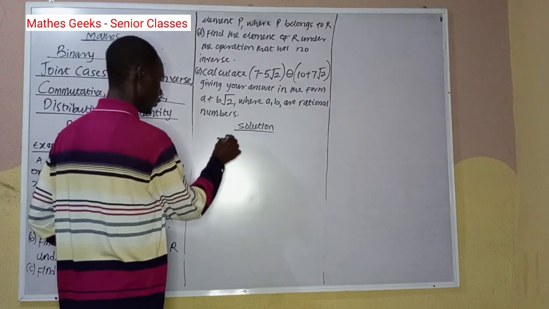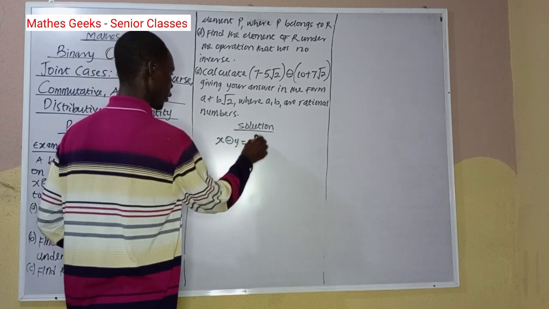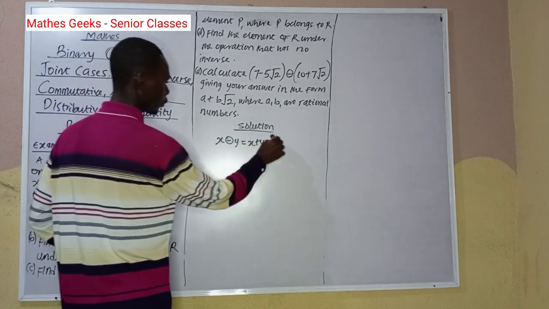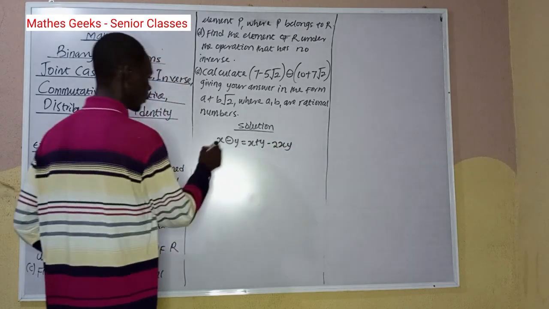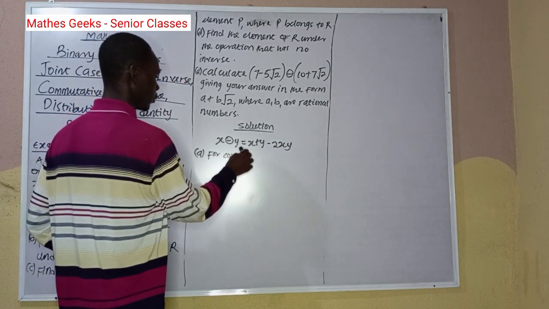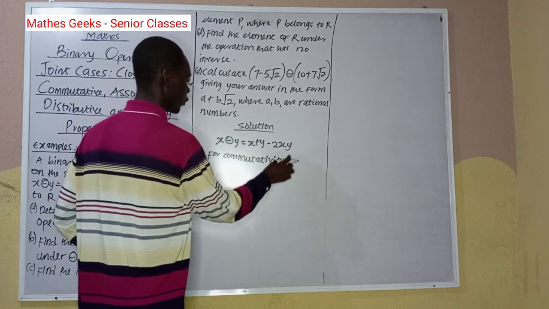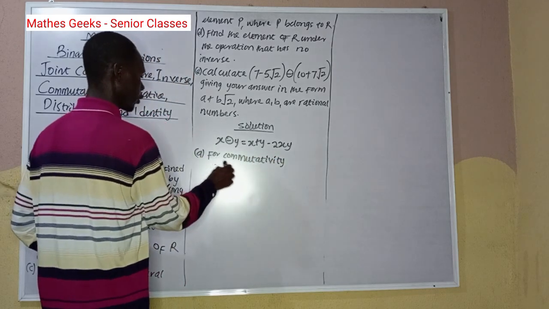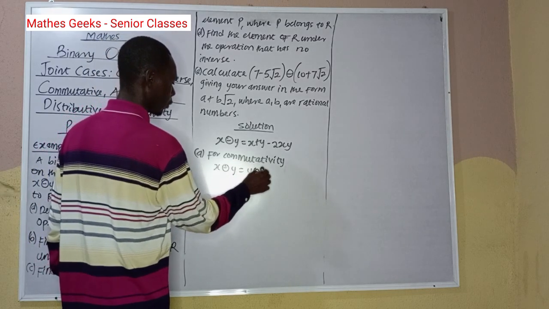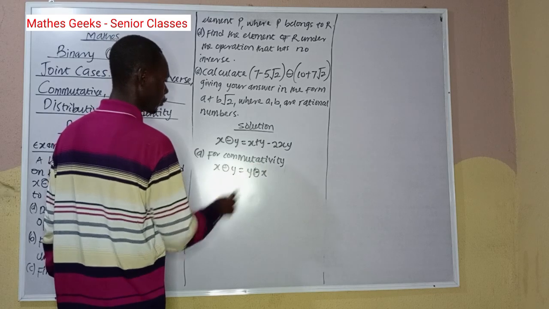The rule of combination is x * y = x + y − 2xy. So A, for commutativity, x * y must be equal to y * x.